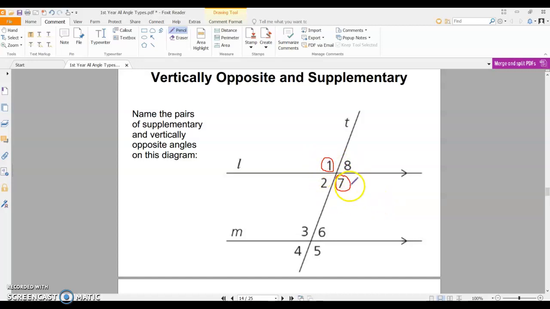So whatever those angles are, they are equal. 2 is vertically opposite to 8, so they're equal whatever they are. 3 is vertically opposite to 5, so they're equal. And 4 is vertically opposite to 6. Okay, so there's the supplementary and the vertically opposite angles which are created when a transversal cuts two parallel lines.